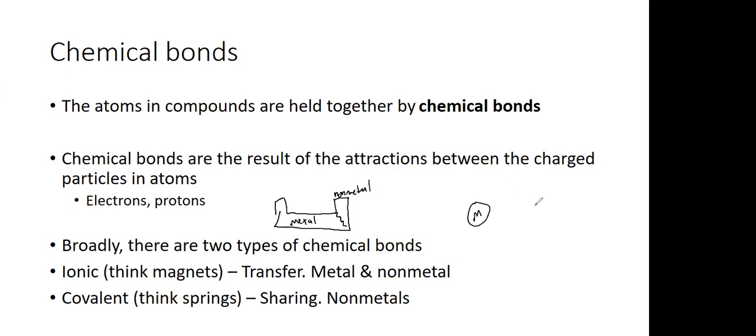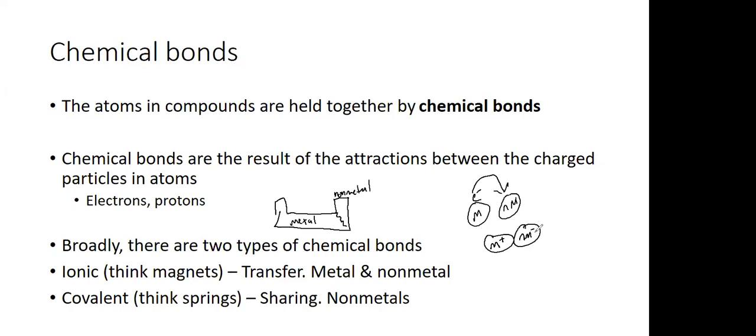is that the metal atom, so that's my metal and non-metal atom, the metal atom gives an electron to the non-metal atom. So electrons are negatively charged. So what happens is that the metal becomes overall a positive charge. The non-metal overall becomes a negative charge.